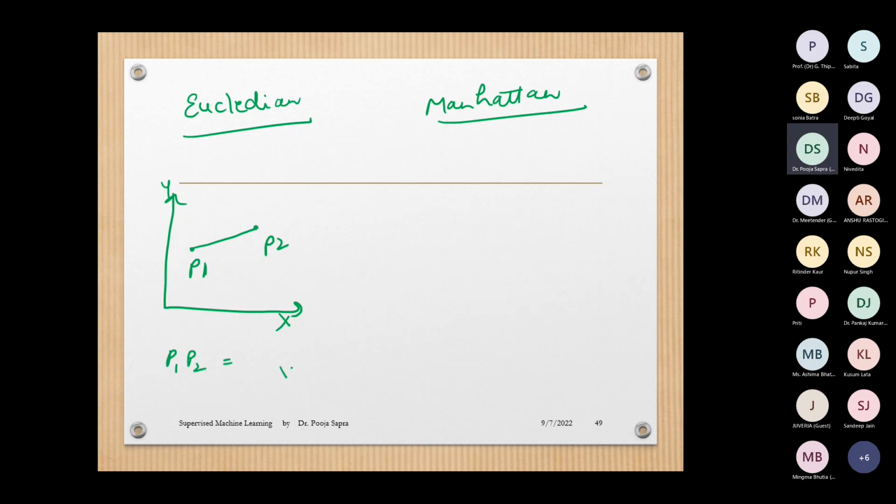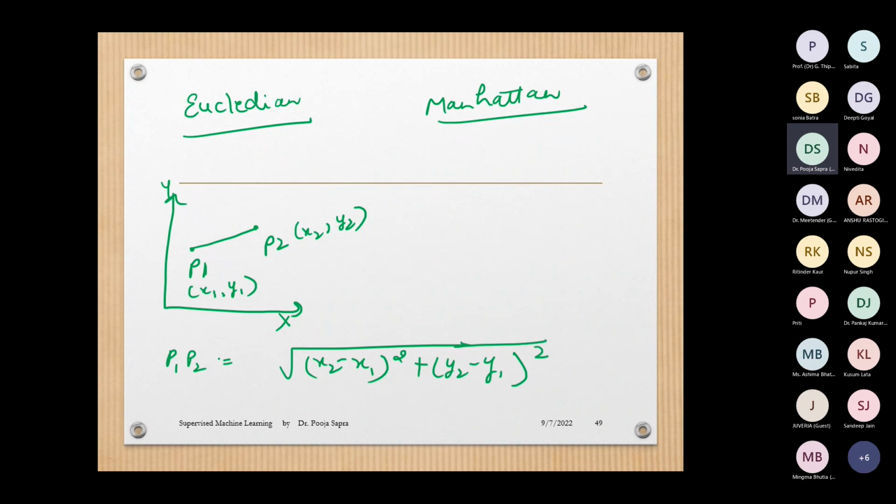If this is (x1, y1) and this is (x2, y2), the distance we will find is the square root of (x2 minus x1) whole square plus (y2 minus y1) whole square. This is called Euclidean distance, and we have learned it, right? KNN generally uses it, but there is another method also, right? Now, what are P1 and P2? One of them would be the newly entering point, a new set of features, and the second would be old, right? So we are finding the distance.